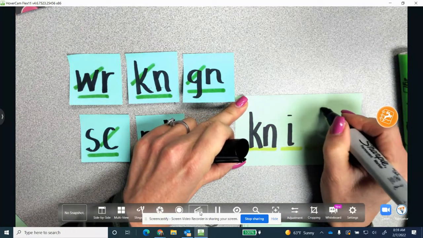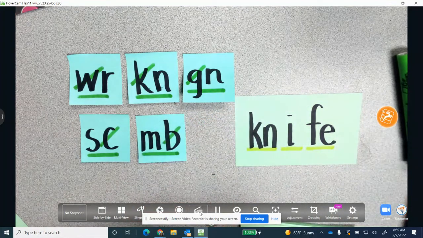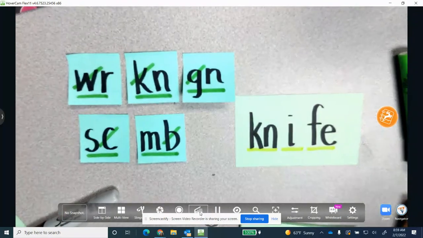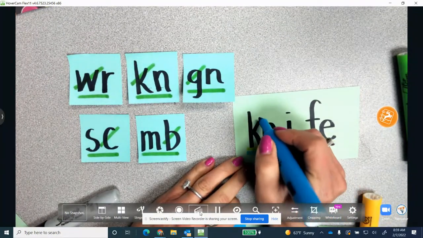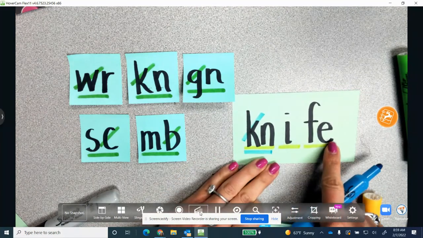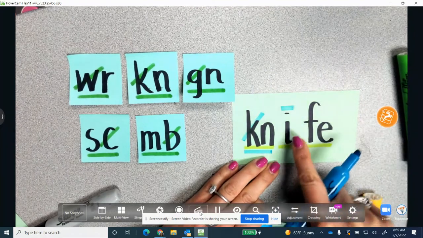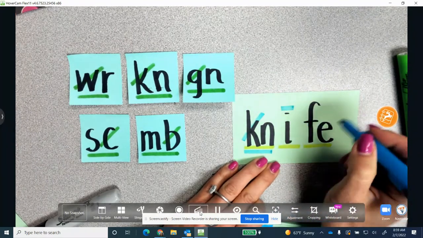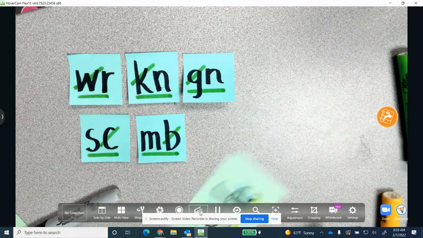I, silent E. Okay, so we have this digraph here. I'm going to show the K is silent. Just says N. Now this E jumps over, makes the I long, says its name, I, and the E is silent. Knife.